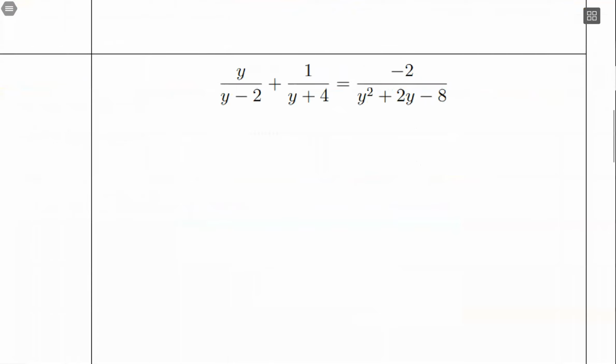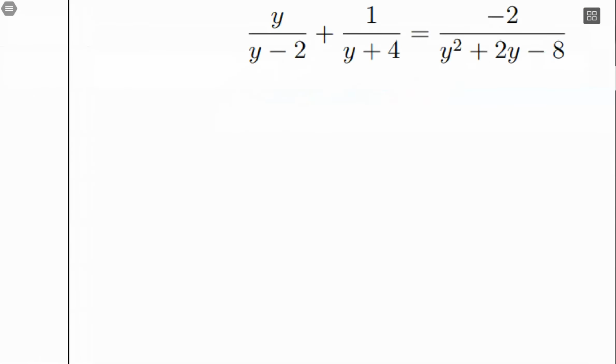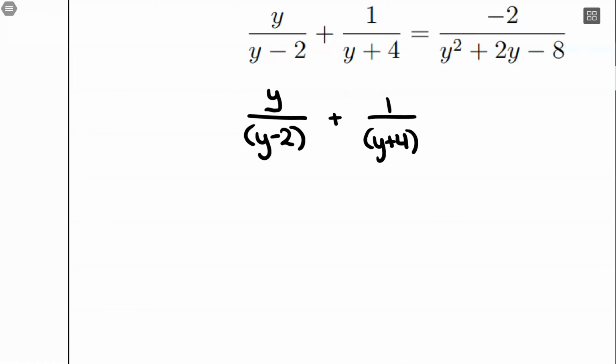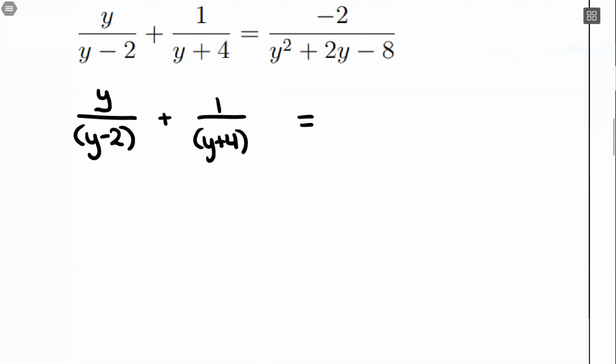All right, our last one here. So I need to factor. So we're going to have y over y minus 2 plus 1 over y plus 4 equals negative 2 over, let's see, factoring here, we'll have a positive 4 and a negative 2.